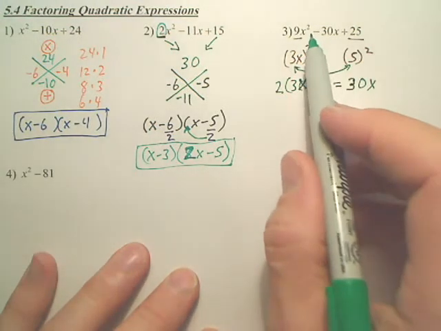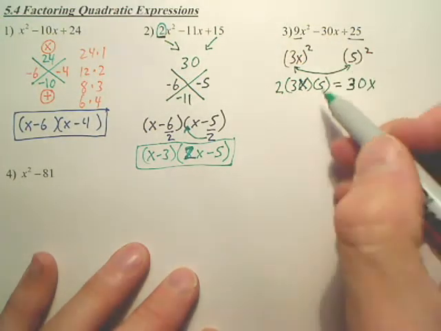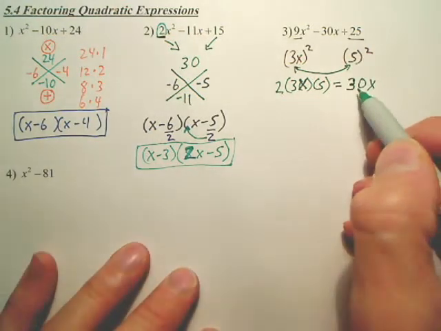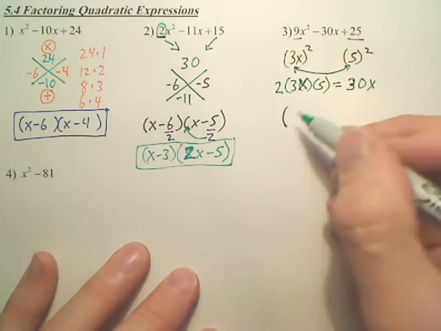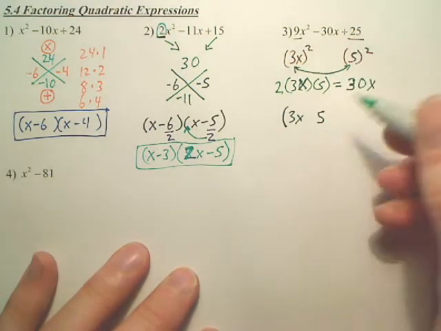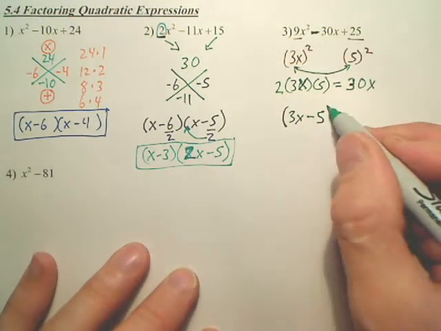Now, ignoring the negative for now, does that match the middle? Yes. If when you take these two values, multiply them and double it, if that value is what's in the middle, your answer is simply this, 3x, that 5, and since that's a negative, it's minus squared.